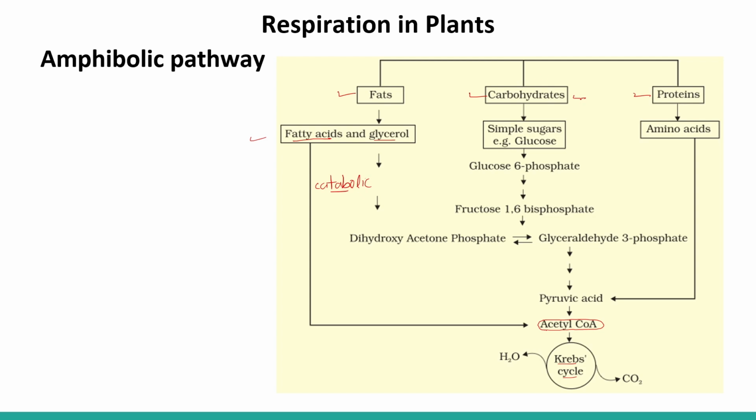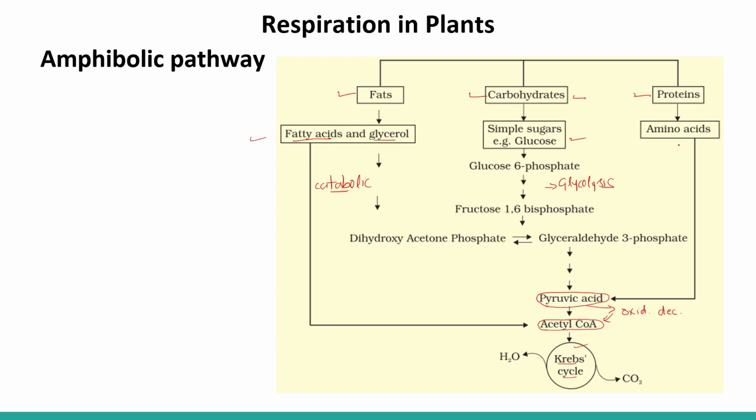Again, carbohydrates are converted into glucose, and glucose will follow the glycolysis pathway. After glycolysis, what is the end product? Pyruvic acid. Pyruvic acid undergoes oxidative decarboxylation and results in the formation of acetyl coenzyme A, which can again enter the Krebs cycle.